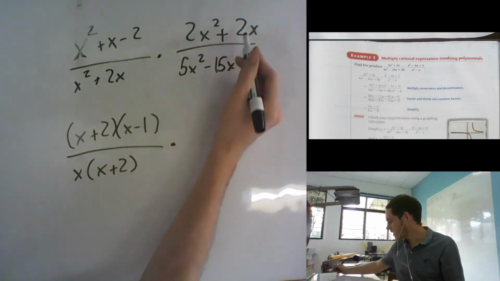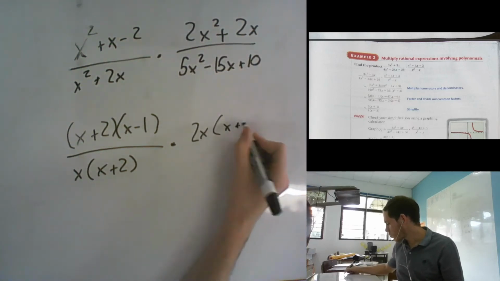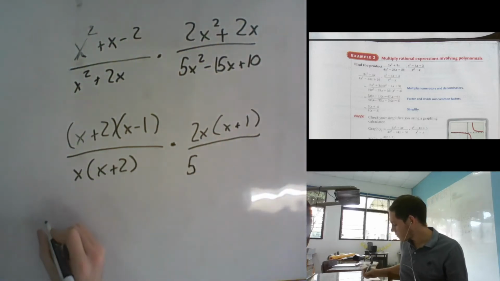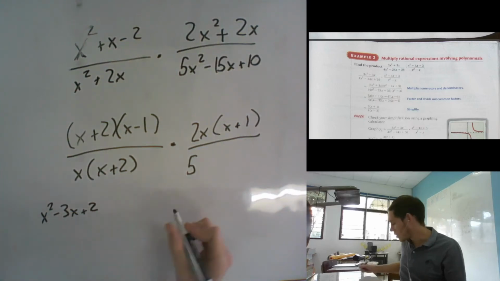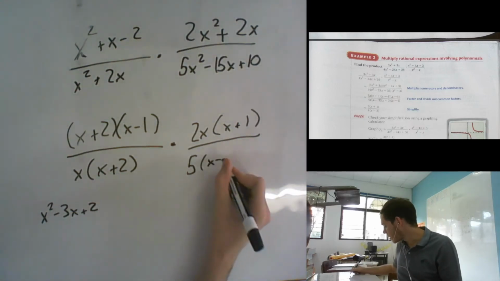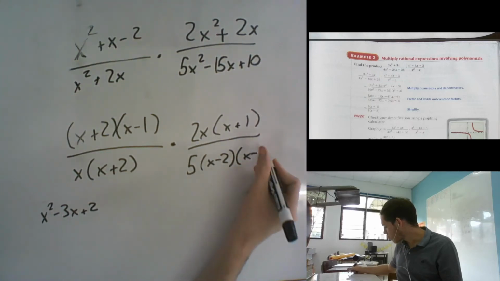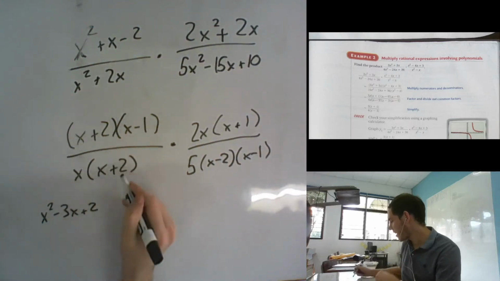On the top of the second fraction, you could factor off a 2x, and you'd get x plus 1. On the bottom, you can factor off 5, so you get x squared minus 3x plus 2. And this we could factor as minus 2 and minus 1, so we get x minus 2 times x minus 1. Okay, now can we simplify right now?